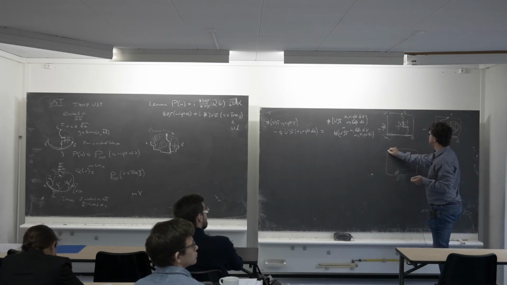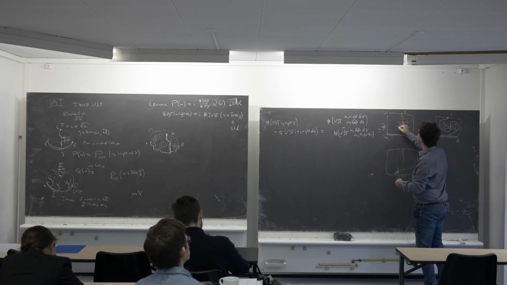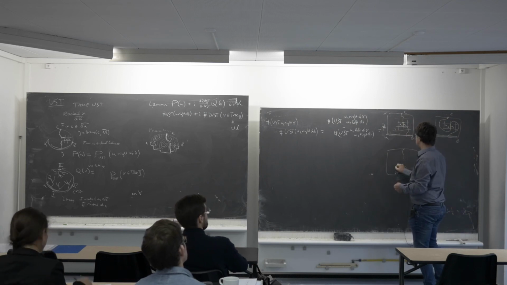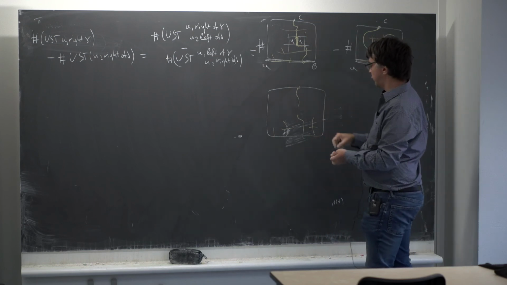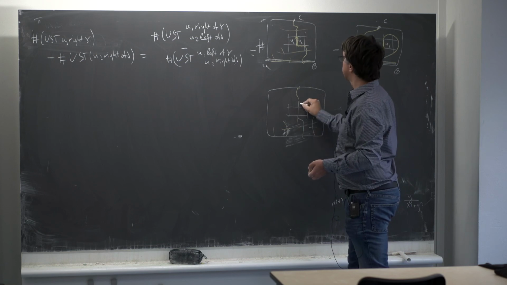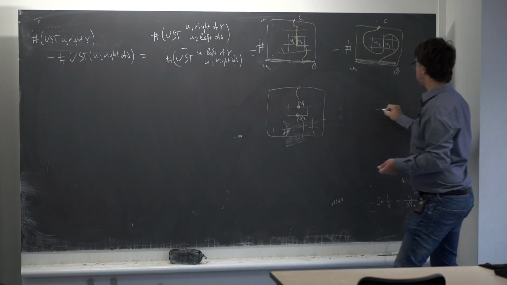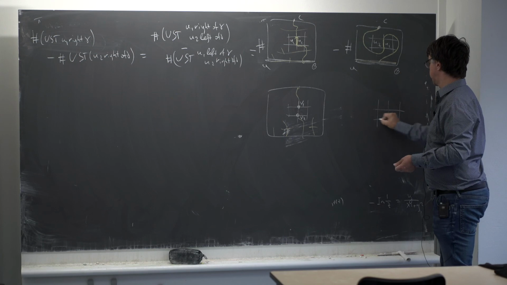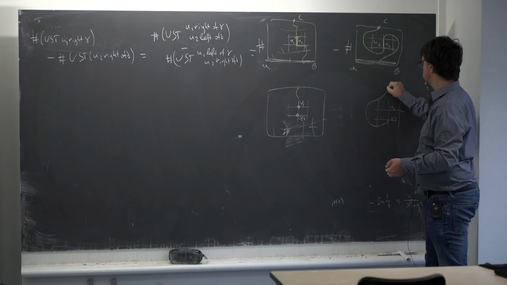What happens if he kills this edge? Instead of a tree, you now get a forest with two trees. One contains C and one contains AB, exactly as we had. So this is V1, this is V2, and again V1, V2, and you have this sort of picture.